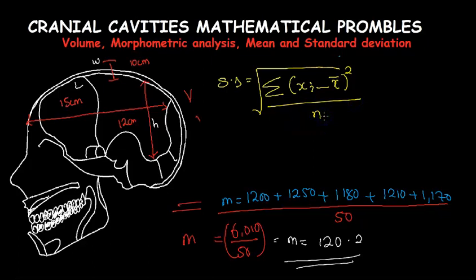At this point, xi simply stands for each value in the population, while x bar stands for the population mean, and n stands for the number of people in the population.